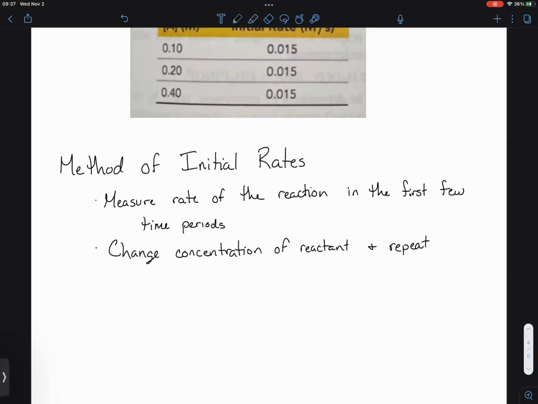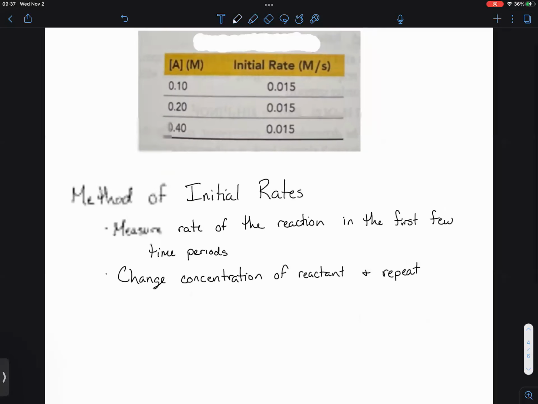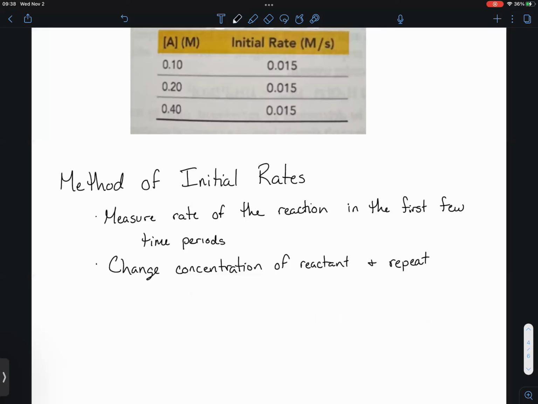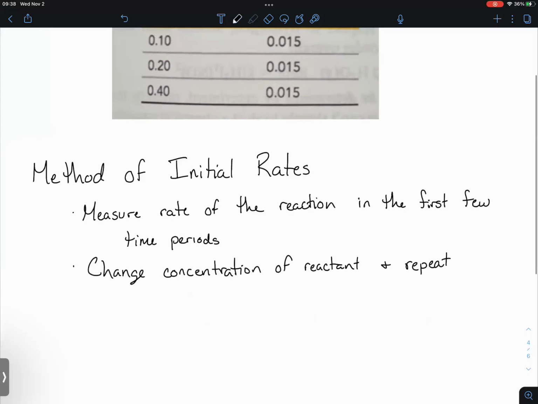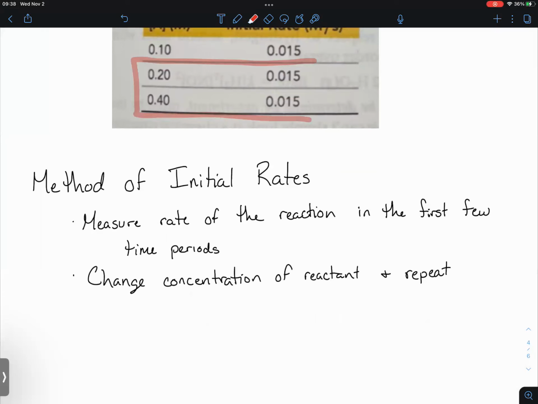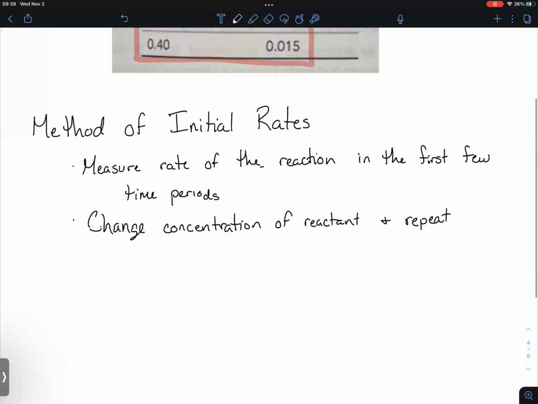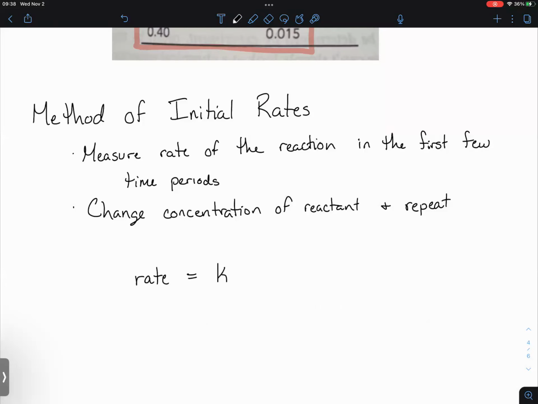So the method of initial rates is we're going to take two of these and compare them. All right, and what we're going to do is take advantage of this: the rate is equal to k times the concentration to the power of n.